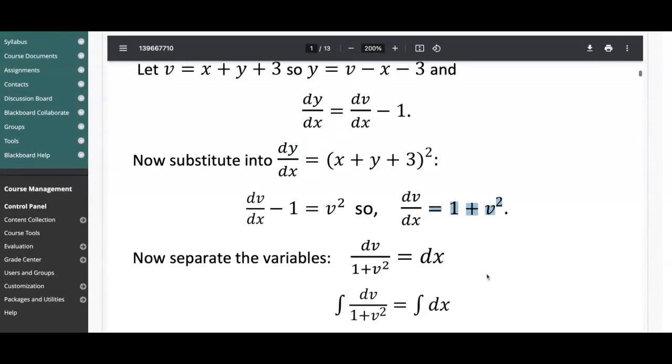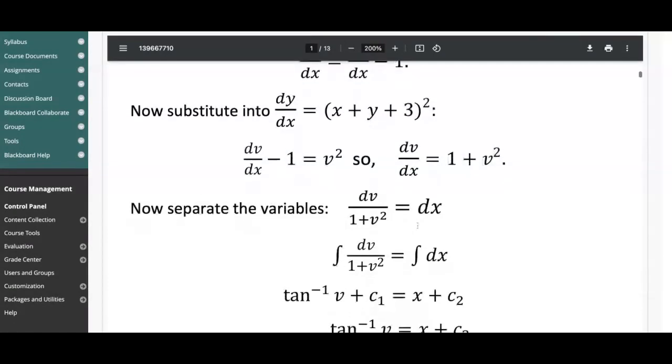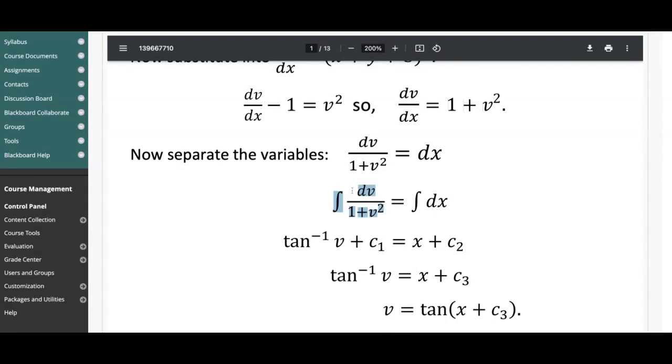What's good about this? Now we can separate those two, right? Now we have dv over 1 plus v squared equals dx. We have these separable equations, so we can integrate both sides simultaneously. The integral of 1 over 1 plus v squared, if you remember, is arctangent plus a constant.